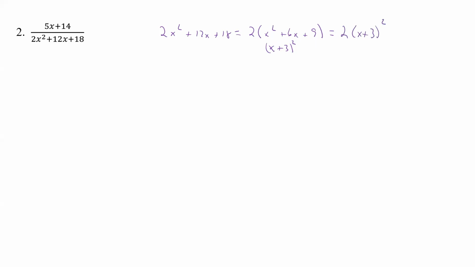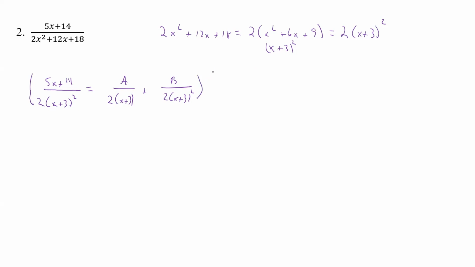So now what we have is, if we write it all out, we have the 5x plus 14 over 2 times x plus 3, the quantity squared. And so that gives us A over 2 times x plus 3 plus B over 2 times x plus 3, the quantity squared. Okay. Now our LCD is just the 2 times x plus 3, the quantity squared.